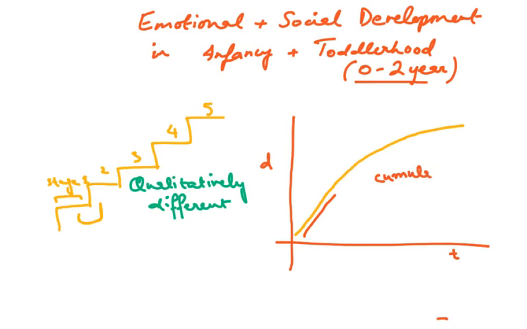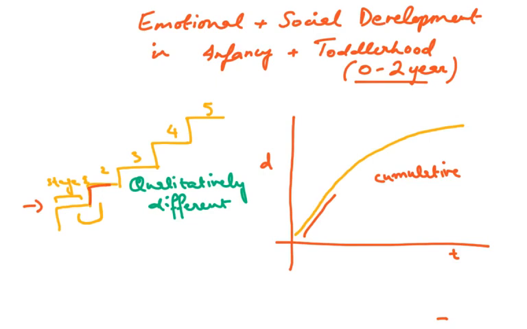So there are no stages, there are no abrupt gains in any kind of development as there are when you jump from one stage to the other. Rather, it's a gradual process when you look at this continuous kind of development.